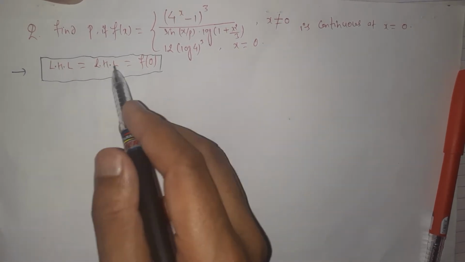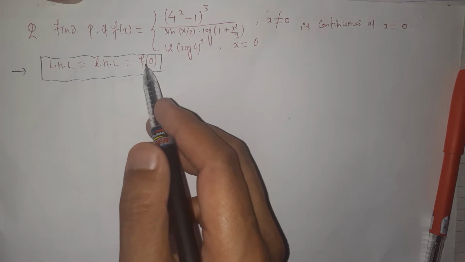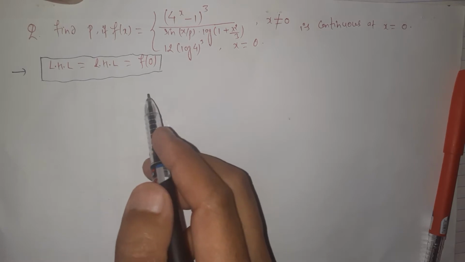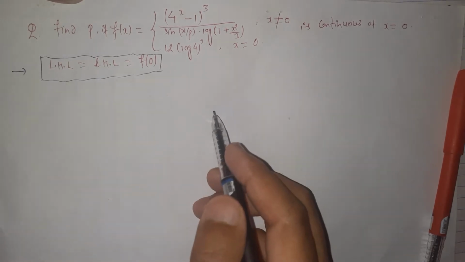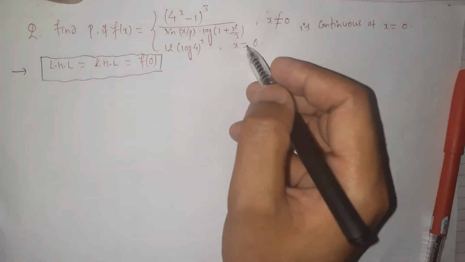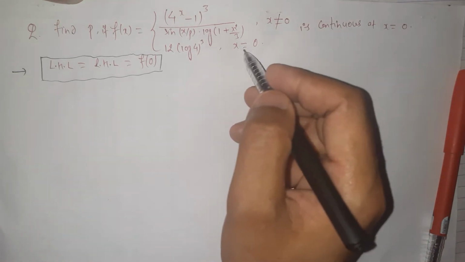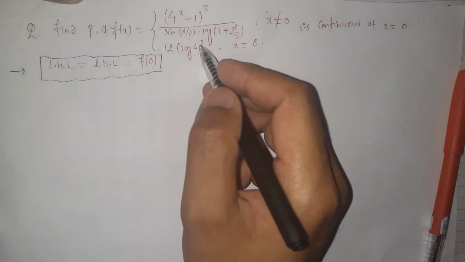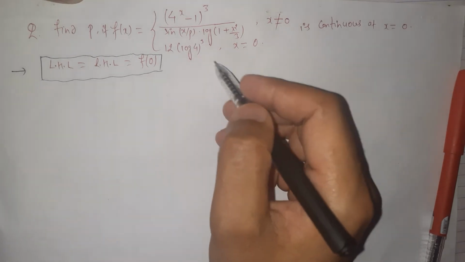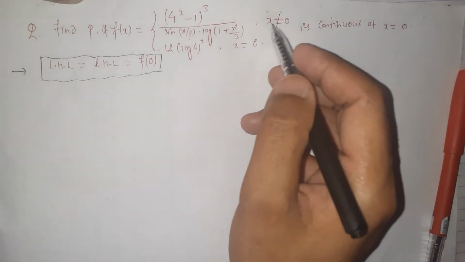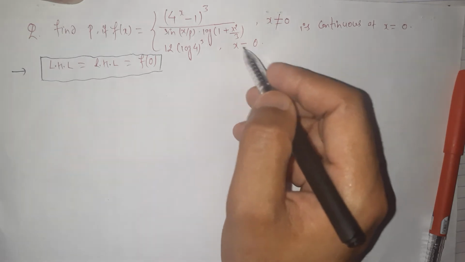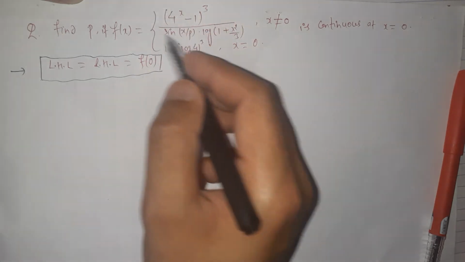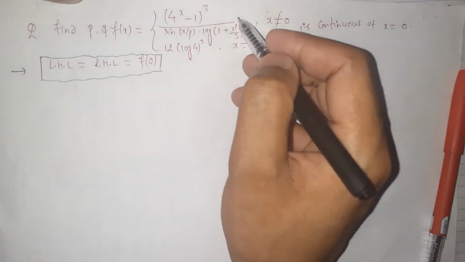Let's calculate the left hand limit, right hand limit, and the functional value for this function. Let's calculate the limiting value first. At the exact point x equals 0, it is defined as 2 log of 4 to the power 3. But for x less than 0 and for x greater than 0, it is defined by the first way.